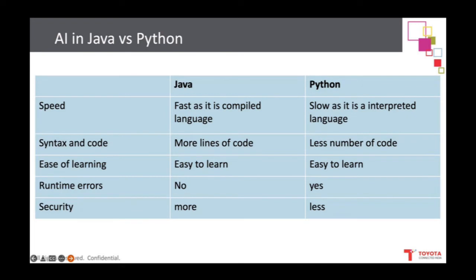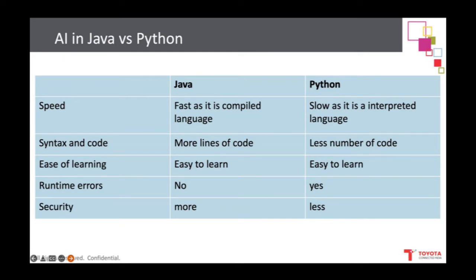And if someone sees Java code, it is easily understandable, even though there are a lot of lines of code. I'm not saying Python isn't, but as a Java developer I can say it is easily understandable to other programmers as well. And Java is always easy to learn, and likewise Python also.